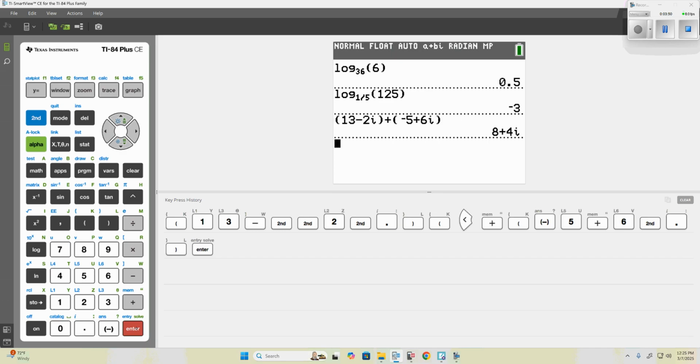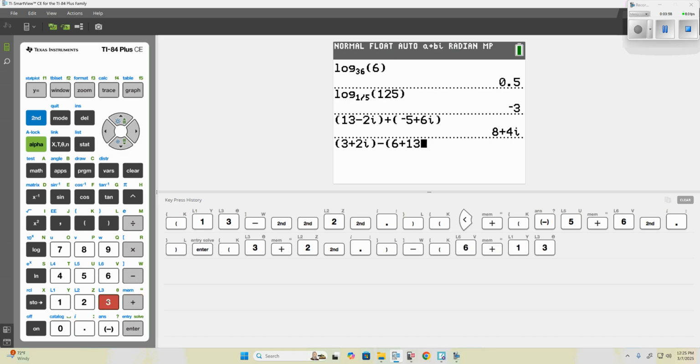Even the next one, 3 plus 2i minus 6 plus 13i is negative 3 minus 11i.